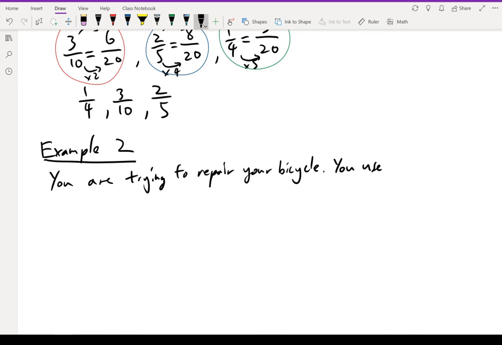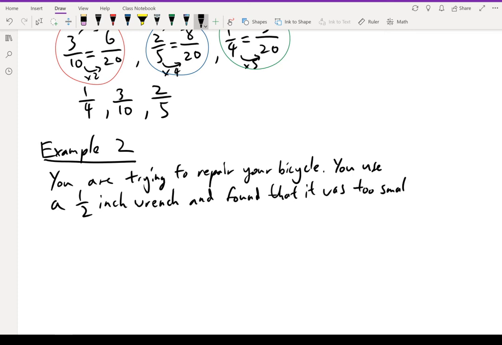You use a 1/2-inch wrench and found that it was too small.